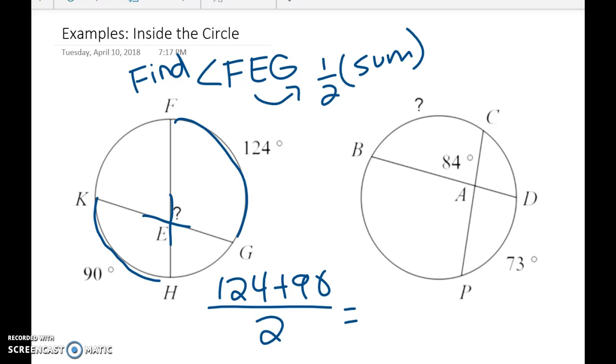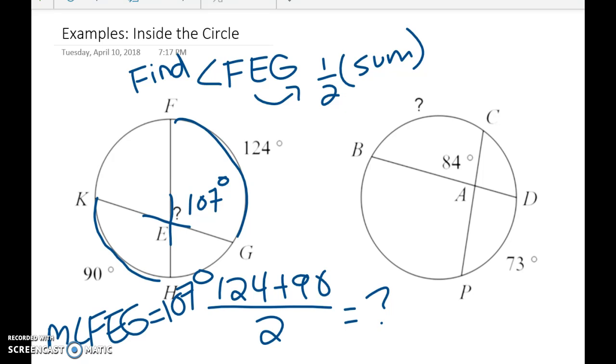That has to equal this angle measure that we're trying to find. So when I add these together and divide by 2, on a calculator, you'll get that this is 107 degrees. So the measure of angle FEG is 107 degrees.